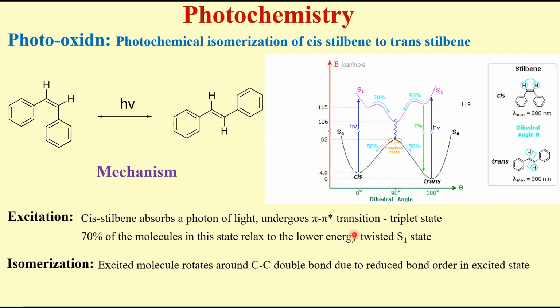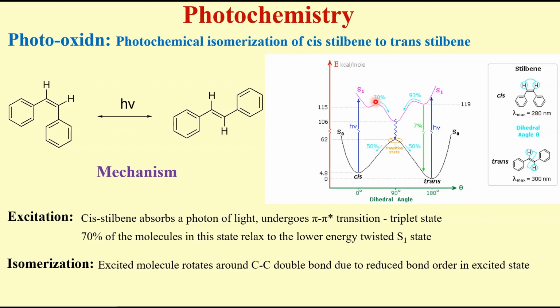Overall, the pi-pi star transition triplet state occurs. Free rotation is possible and it gets converted into cis 50% and 50% comes back to trans. The remaining 7% loses the energy directly and comes back down to the trans state.